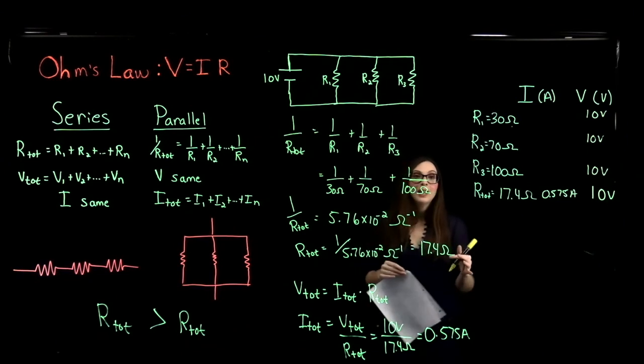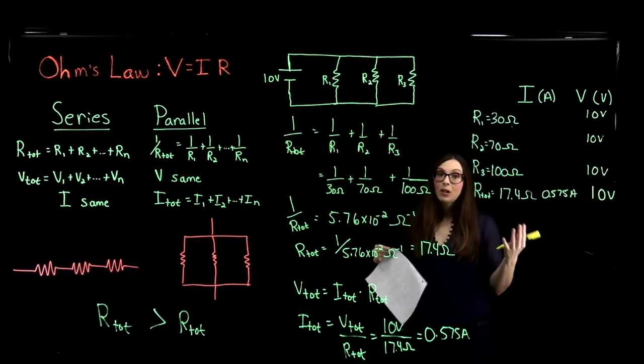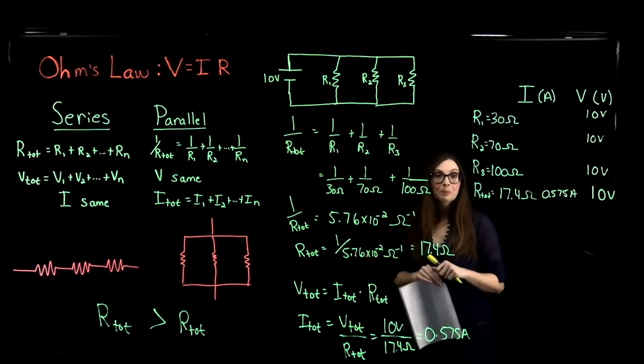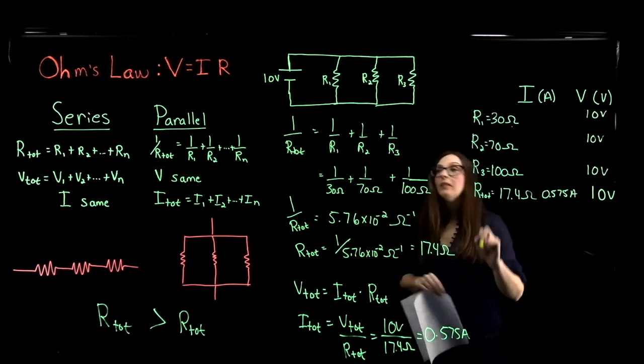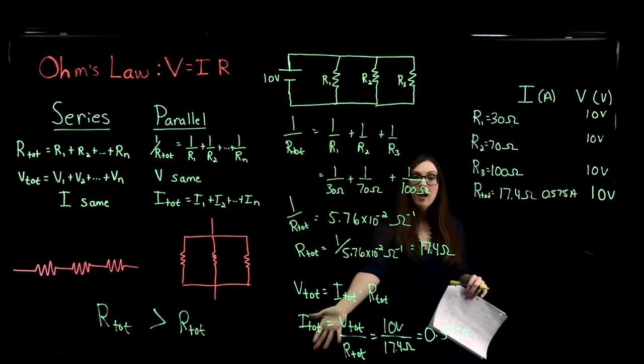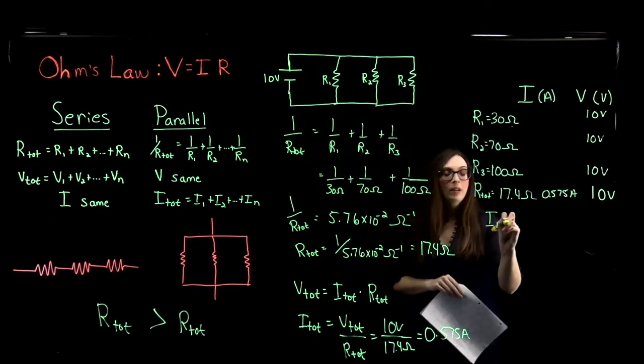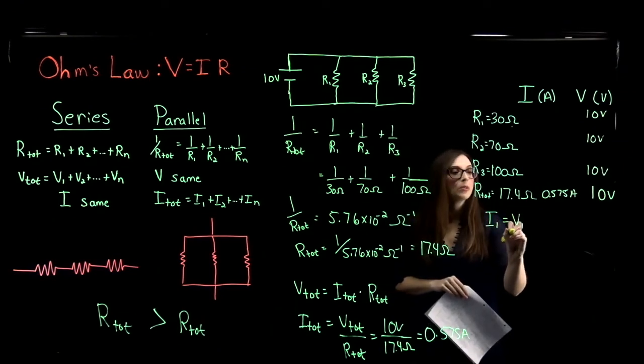Now all we have to do is use Ohm's law for each individual resistor in order to get the current through each resistor. Okay, so Ohm's law, V is equal to IR. So if we solve it for I, like we did right here, the current through resistor 1 is equal to the potential across resistor 1 divided by its resistance.